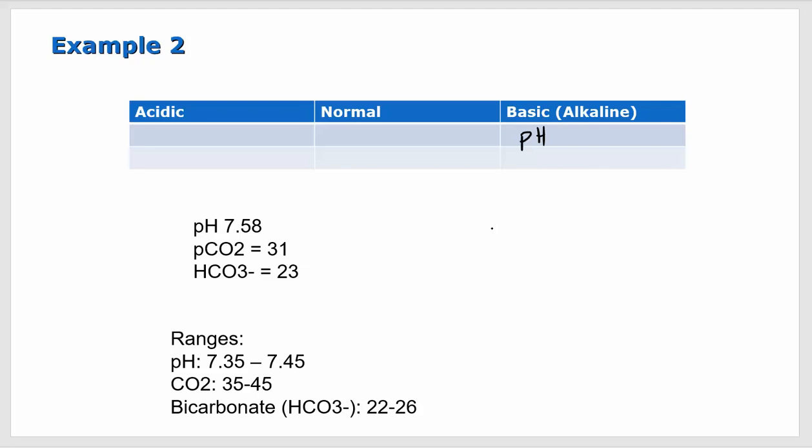So we can see that the carbon dioxide is going to be over here in the alkaline side, and our bicarbonate, 22 to 26, is normal. So HCO3 minus is in the normal range. So we can see that this is alkalosis.